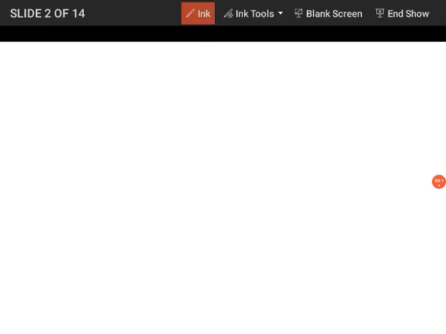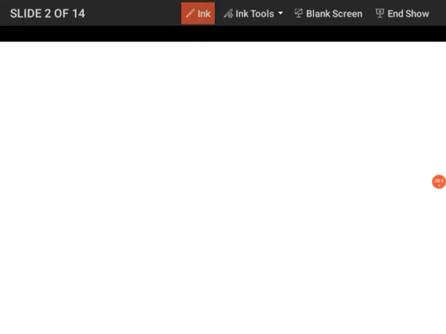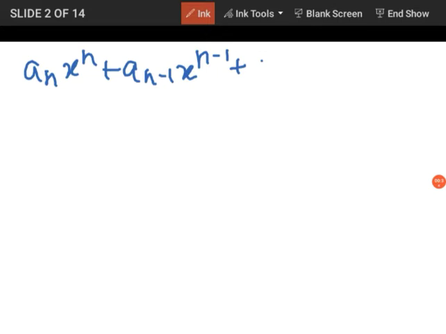Okay, so to reduce the confusion that Newton's sum is only applicable for quadratic equations, let me write the general form for a general polynomial. So we all know that a general equation looks like this: an multiplied by x to the power n plus an minus 1 x raised to the power n minus 1 plus an minus 2 x raised to the power n minus 2, and so on.